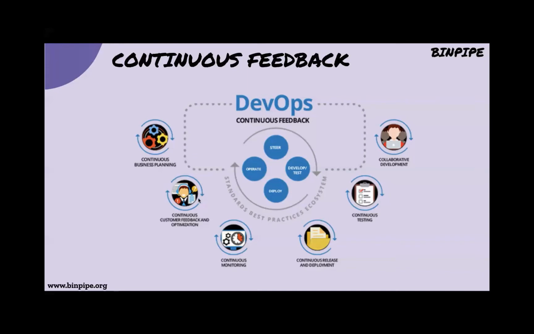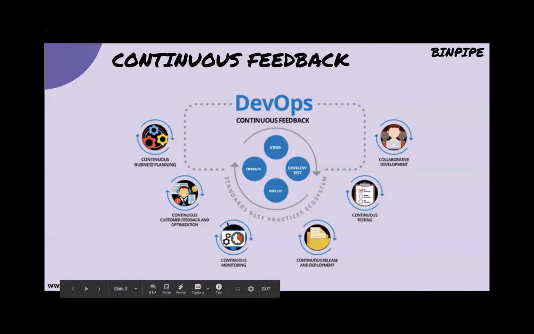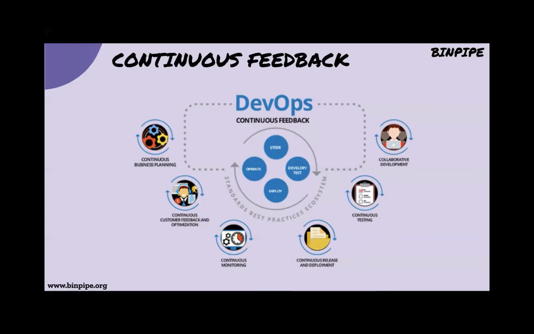And based on the feedback and the errors that came in from the test reports and the monitoring, the performance reviews and all, the business people, like the decision makers, again make decisions on what should be the future of the software. So that is how DevOps helps the entire organization.